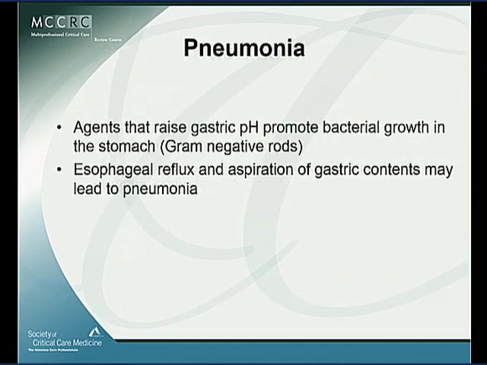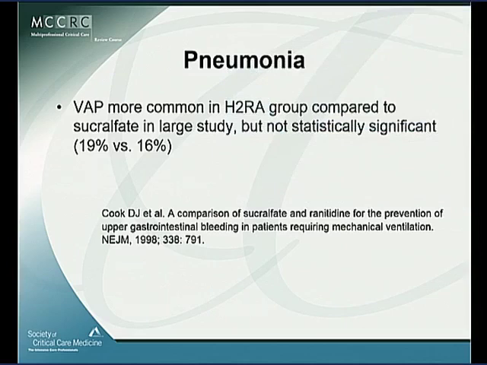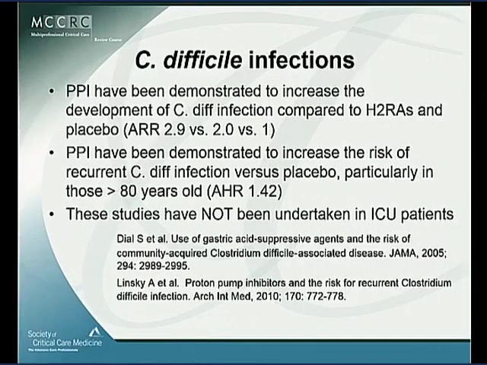Once again, the risk of pneumonia, the thought is that if you raise your gastric pH and you aspirate, you can, in theory, have a higher incidence of pneumonia. And certainly Deb Cook's work earlier suggested that the H2 blockers, and remember this predated the PPIs in use, was at least minimally increased versus, at the time, sucralfate, but not statistically.